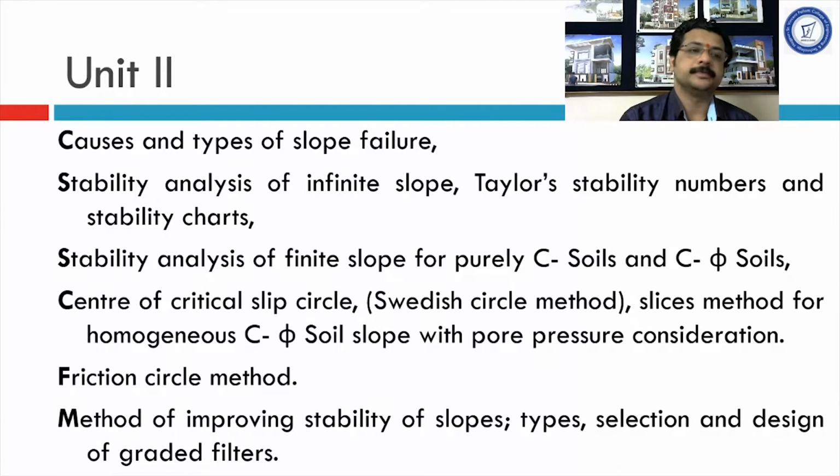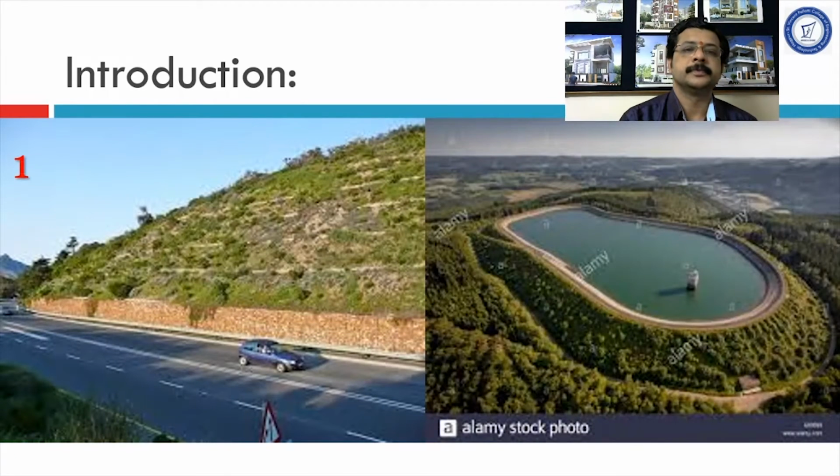Alright, let us move on to the introduction part. On your screen you can see there are two images. Image 1 is related to a hill and image 2 is related to a dam which is constructed with the help of soil.